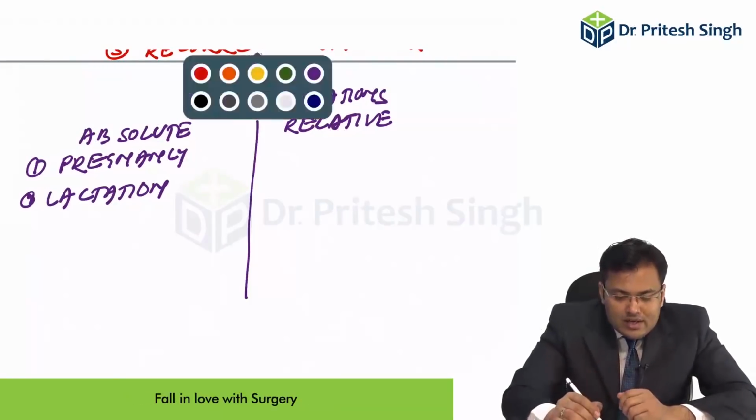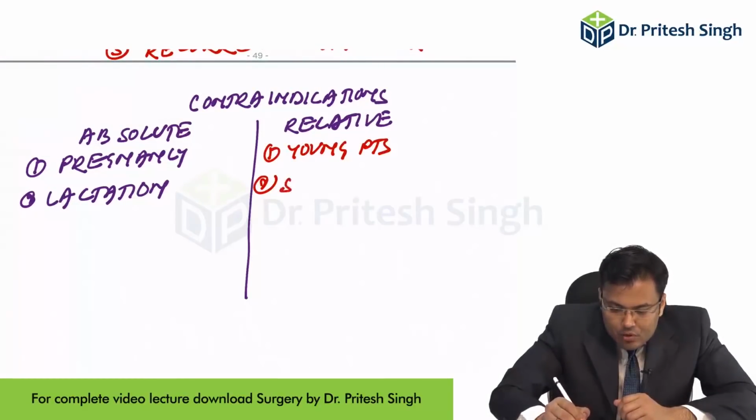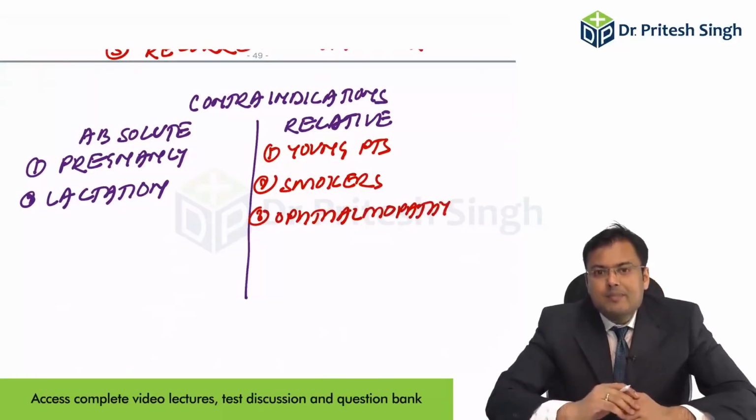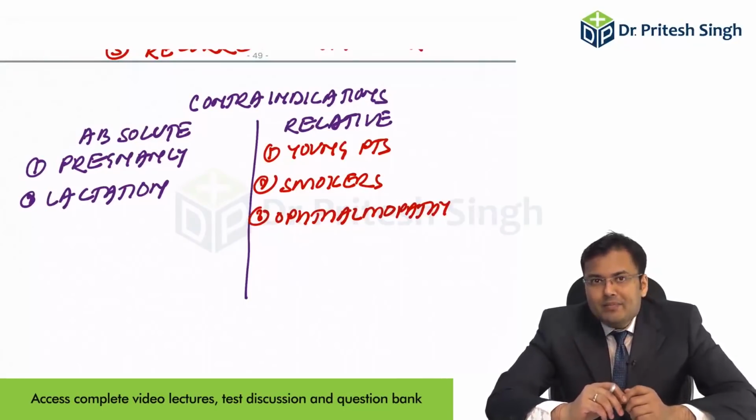What are the relative contraindications? Young patients. Second, smokers. And third, ophthalmopathy. Young patients, smokers, and ophthalmopathy. Why young patients?